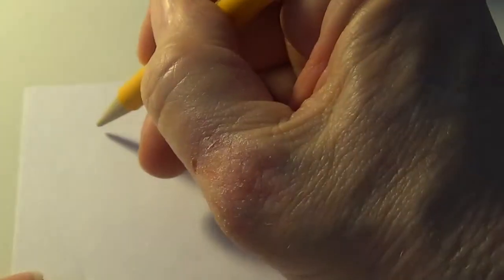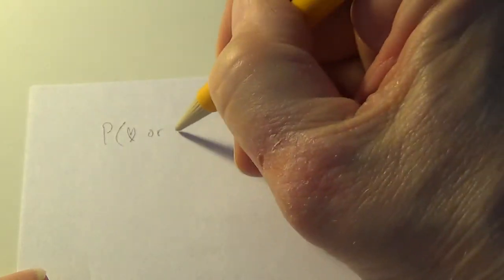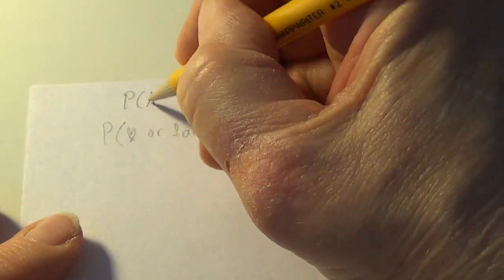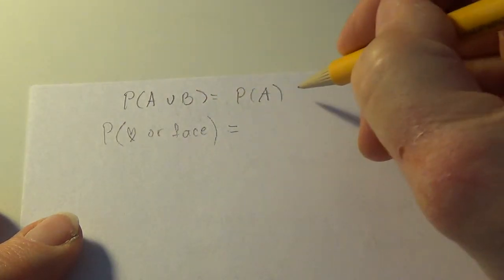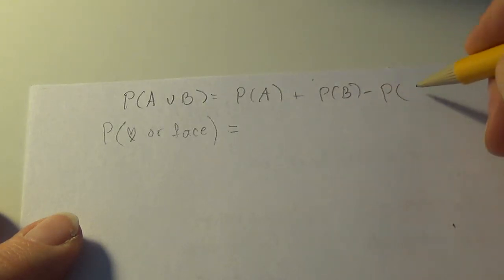Let's take the playing cards. The probability of drawing a heart or a face card. Alright, so we're going to use our formula, and it said the probability of A or B equals the probability of A plus the probability of B minus their intersection.